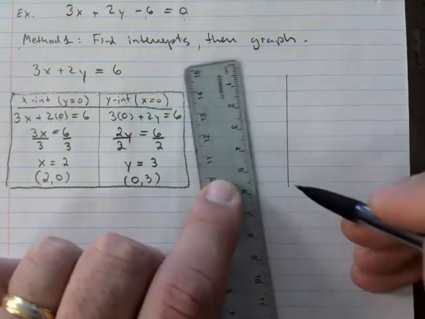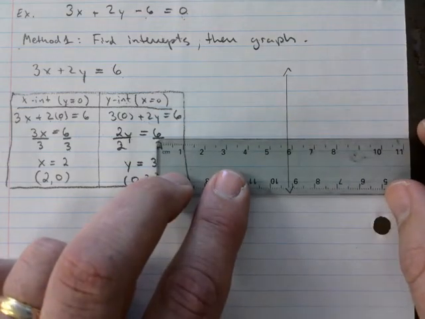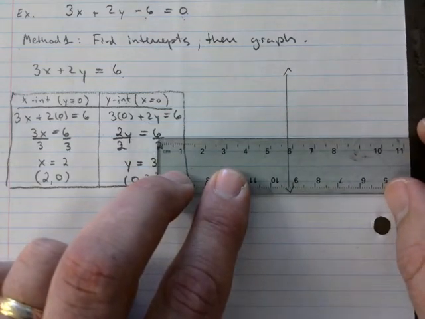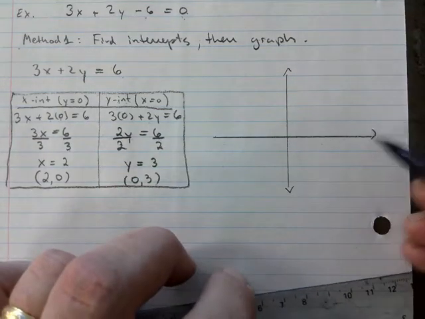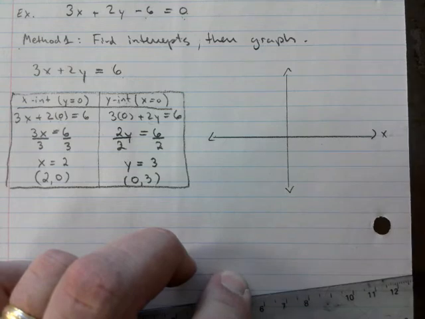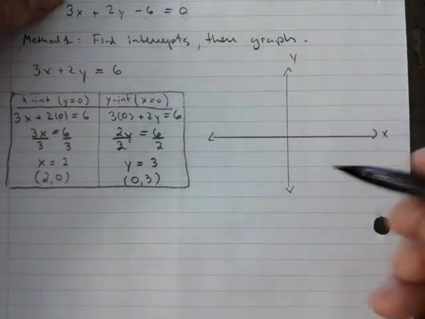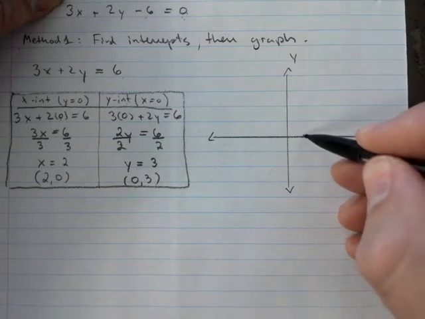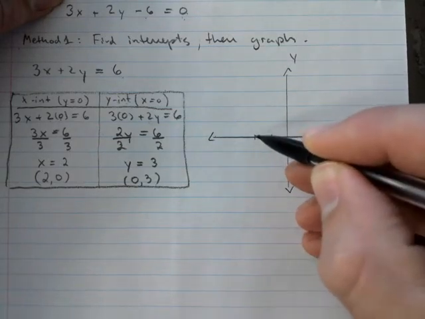These are fairly small numbers. So I'm just gonna do this right next to this. Okay, so you just label this X, this Y, and we're going to word problems, remember that. So I'm gonna go 1, 2, 3, 1, 2, 3.